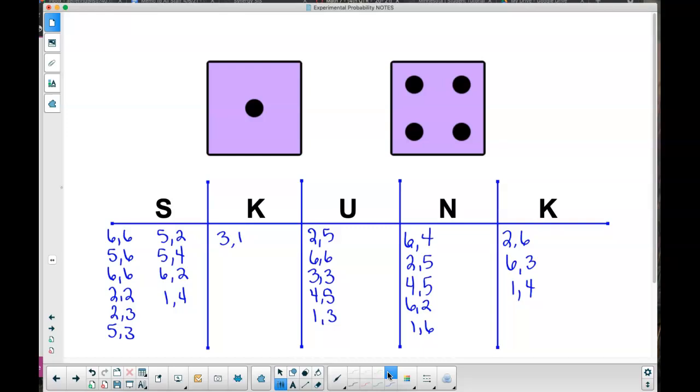Anybody higher than 50? More than 60 points? More than 70? More than 80? More than 90? More than 100? Miguel's the winner. What'd you have, Miguel? 103. Nice job. Cassidy was second with 95.